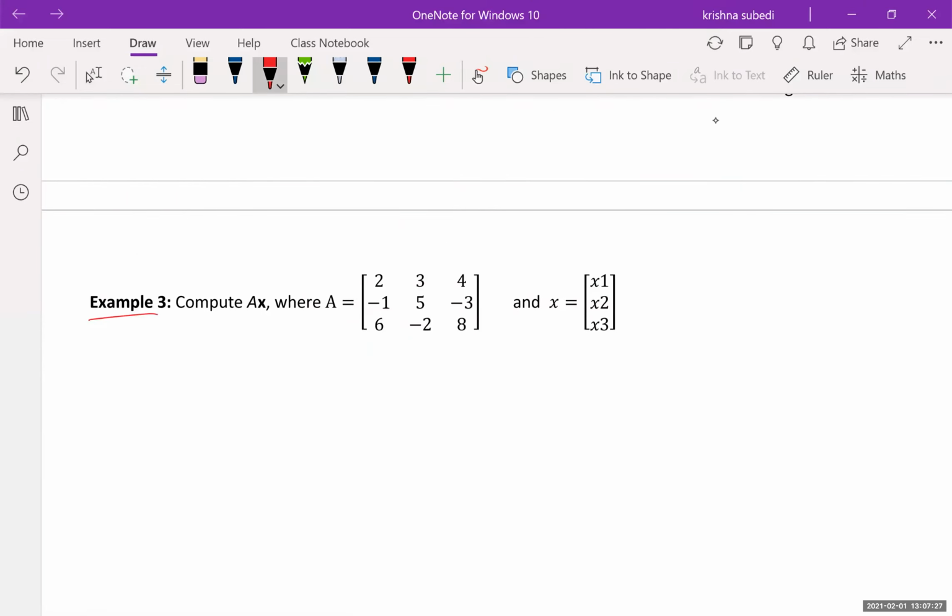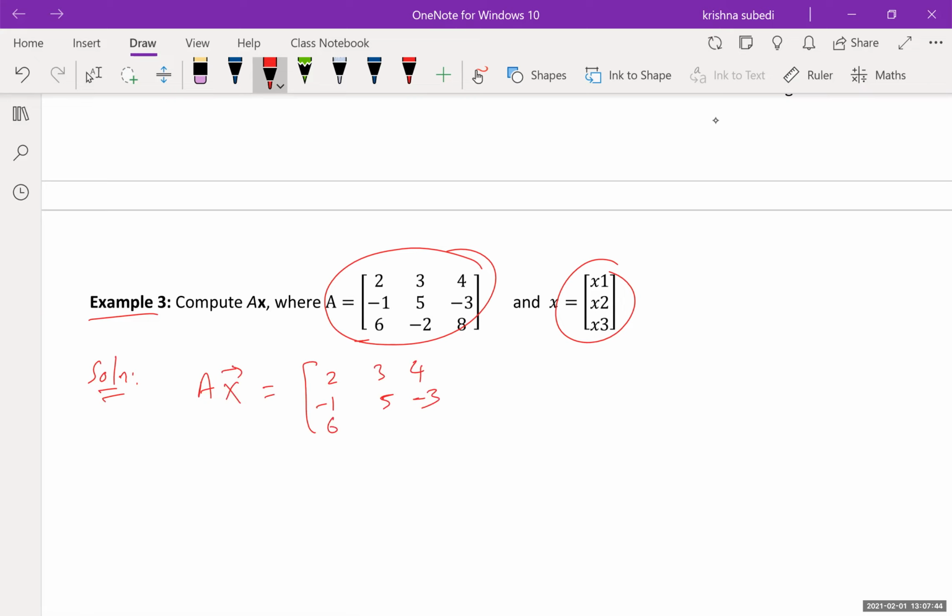Example 3. Compute AX, where A is given this matrix and X is given there. So if you want to compute this AX, you can write this as 2, 3, 4, -1, 5, -3, 6, -2, 8, and then x1, x2, x3.